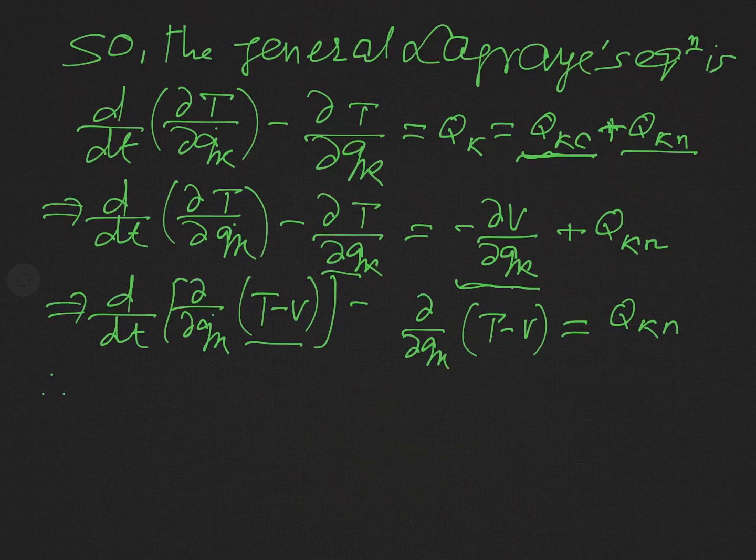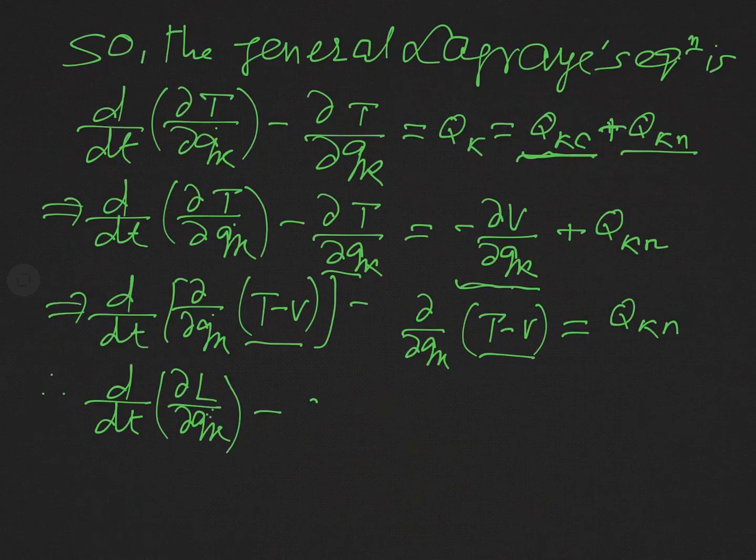Therefore, again we will write L in place of T minus V, and so the Lagrange equation in this case will be what? This is d/dt del L by del qk dot, here is the dot, minus del L by del qk, and this equals Qkn.